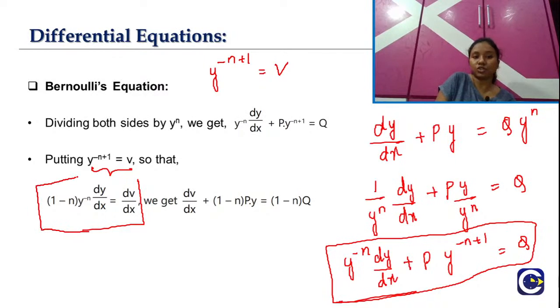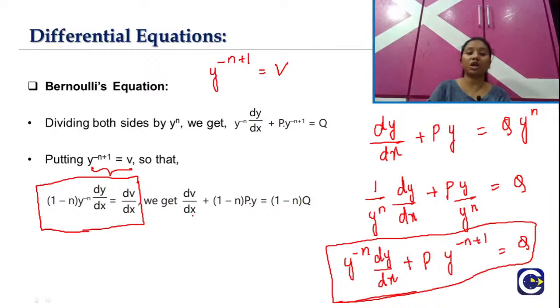How do we generally do substitution, right? We have to substitute the terms: in place of dy by dx we substitute dv by dx divided by 1 minus n y power minus n, and in place of v we substitute y power minus n plus 1.